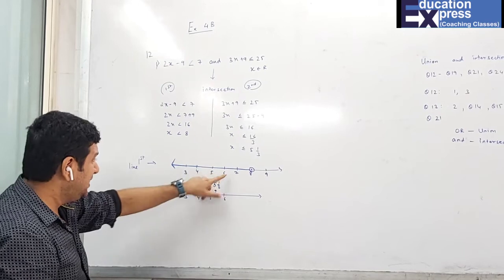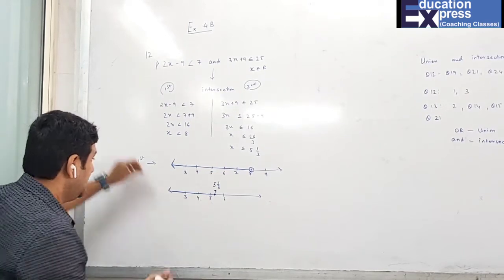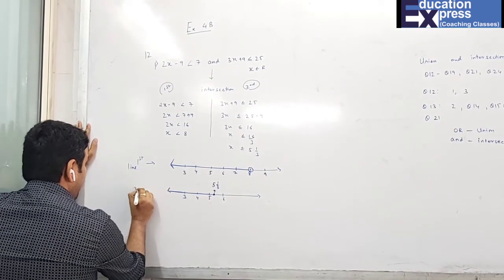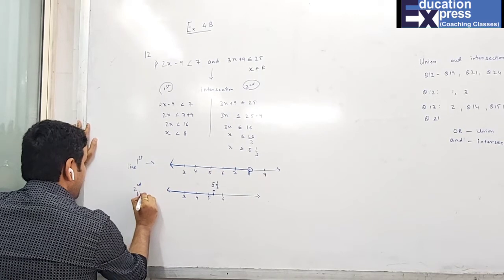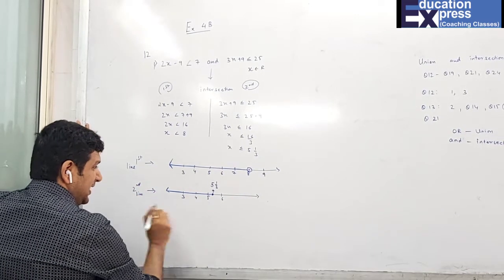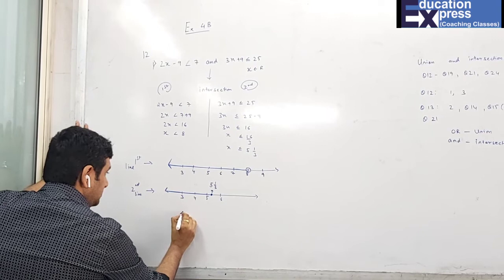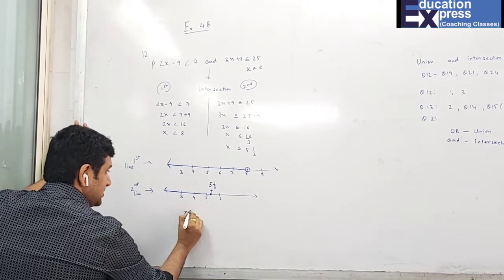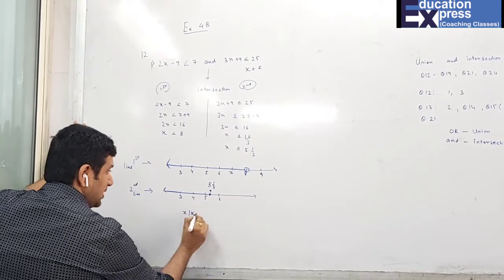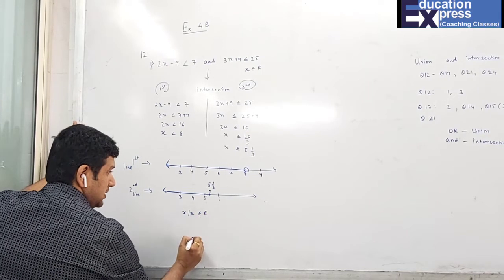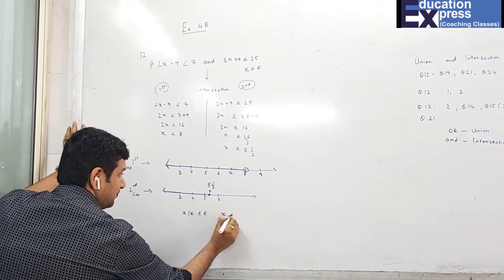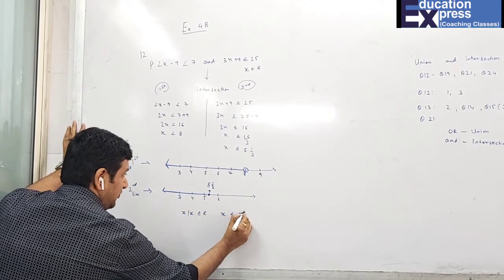The minimum right hand side is 5 1 upon 3. Hence, the intersection over here will be x such that x belongs to real numbers and x is less than or equal to 5 1 upon 3.